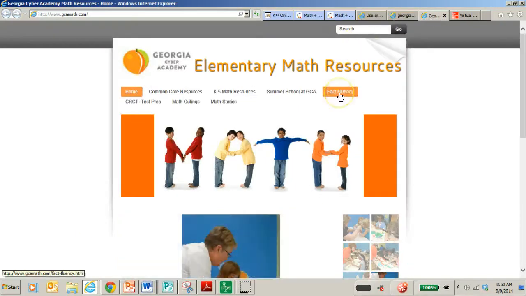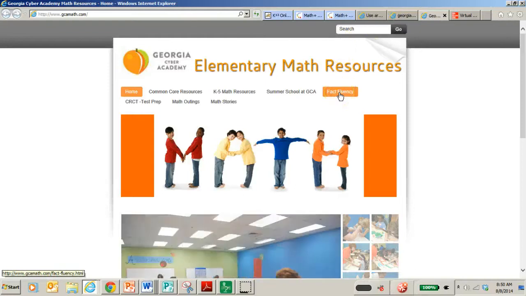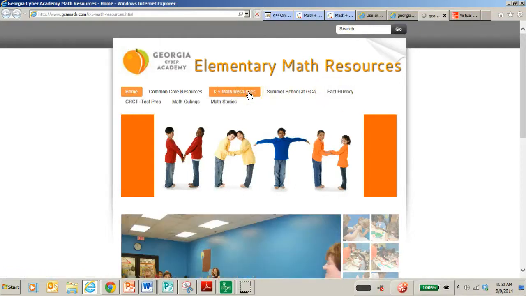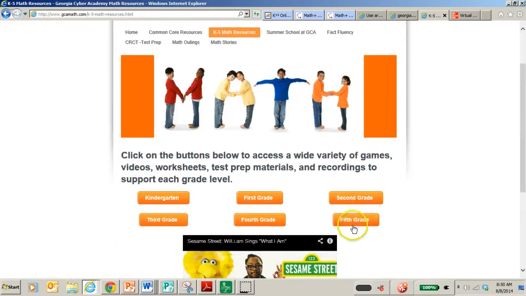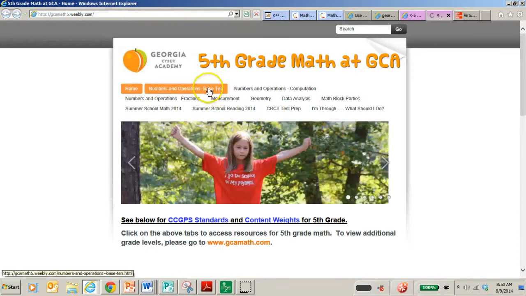The other site that I want to let you know about is our elementary math web page. Here there is a page on fact fluency if your child is just struggling with basic facts, and links there. But I'm going to go to the K5 math resources and show you how to get directly to the 5th grade page. And when you get to the 5th grade page, you can go to numbers and operations in base 10. And I'll provide a link directly to this page as well.